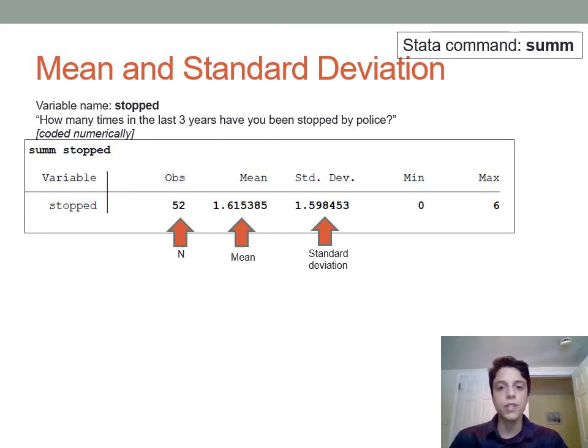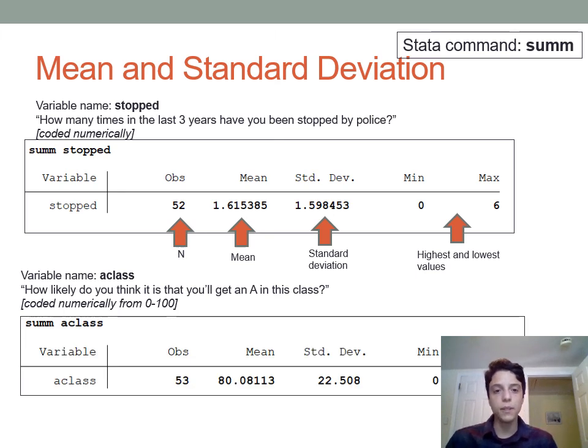You can also see the standard deviation for this variable. So the standard deviation for number of stops in the class is about 1.6 if you round. That's saying that's the average deviation in number of stops away from this mean of 1.615. And then this command also happens to pop out the highest and lowest values as well.